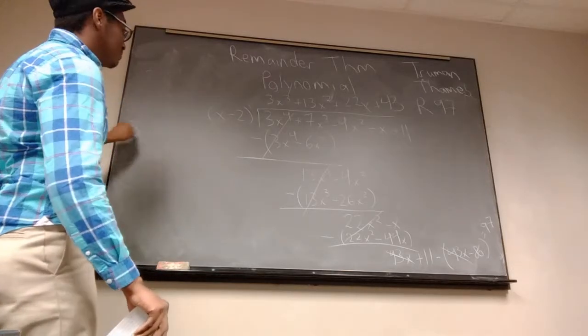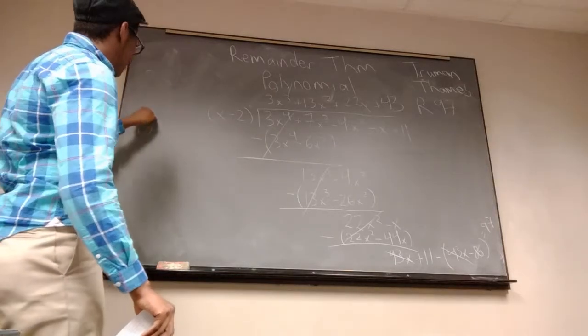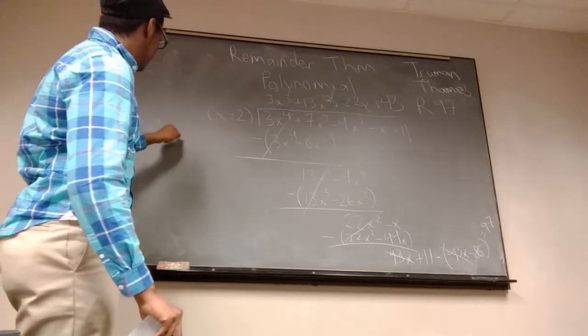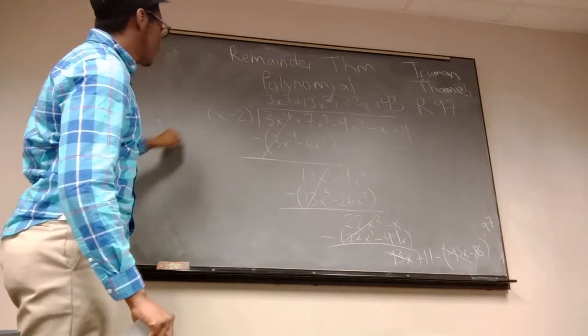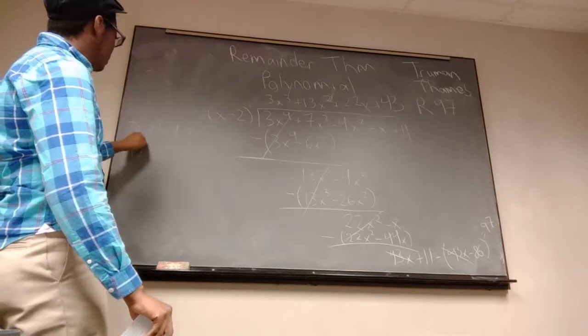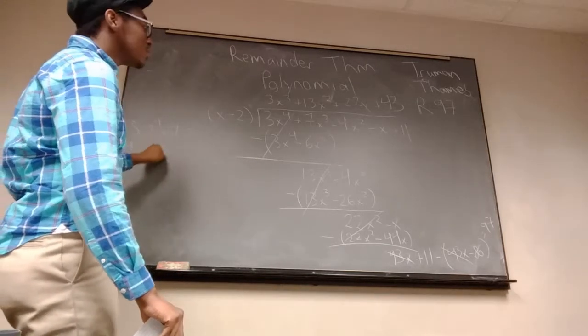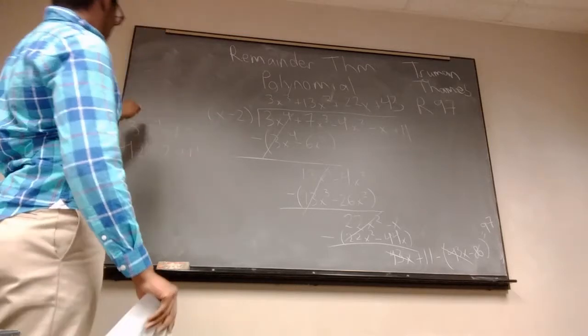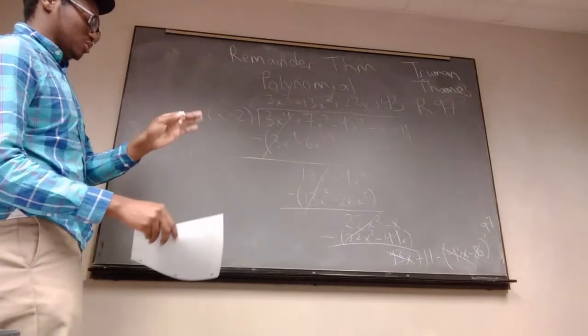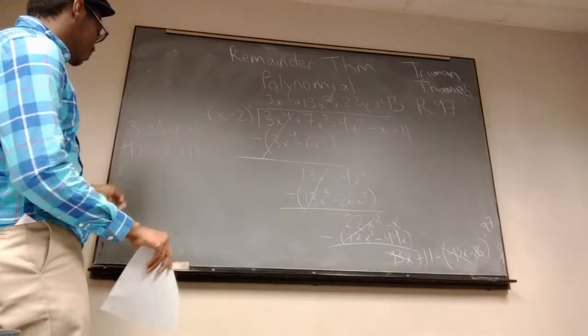Let's take 3 times 2 to the 4th, plus 7 times 2 to the 3rd, minus 4 times 2 squared, minus 2, plus 11. 2 to the 4th is 16 because it's 2 squared squared. 2 squared is 4. 4 squared is 16.